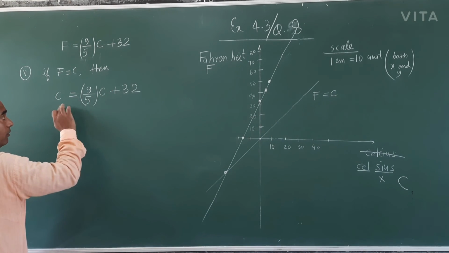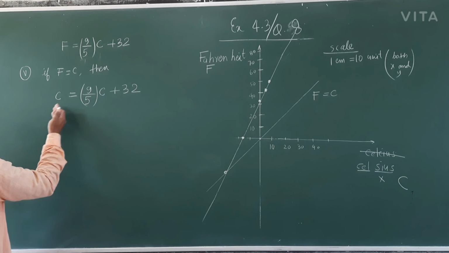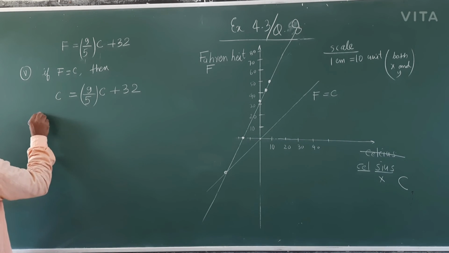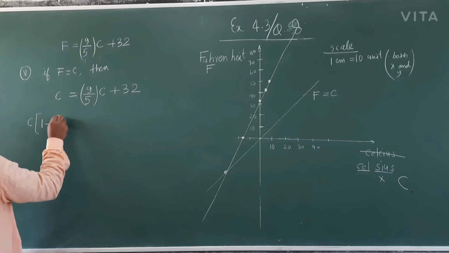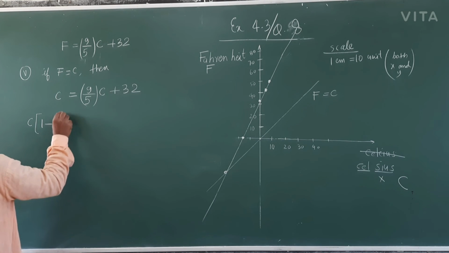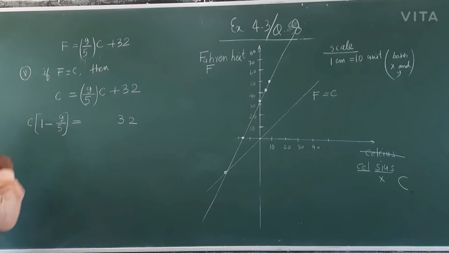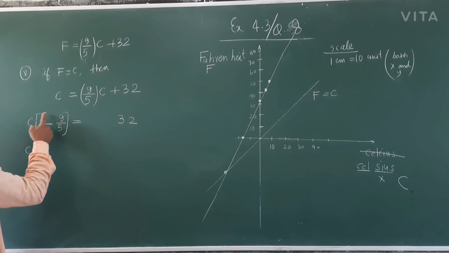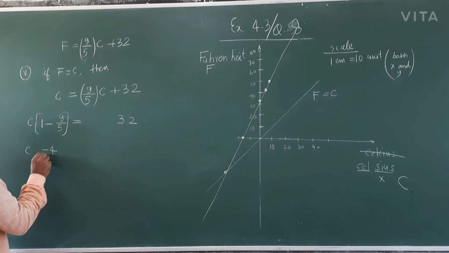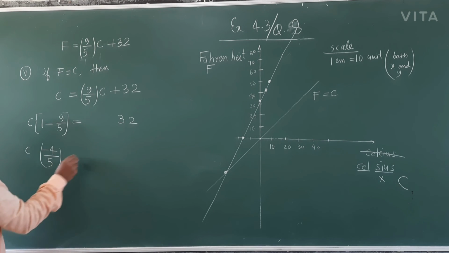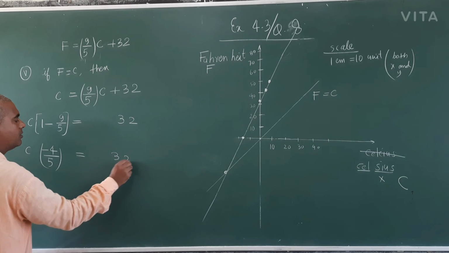You have to find the value of C. So C common: 1 minus 9/5 is equal to 32. 5 minus 9 means minus 4 upon 5, so minus 4/5 C is equal to 32.